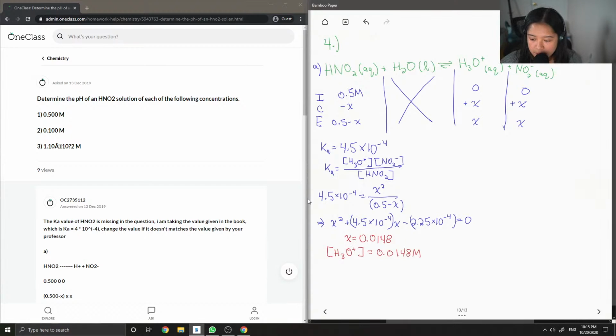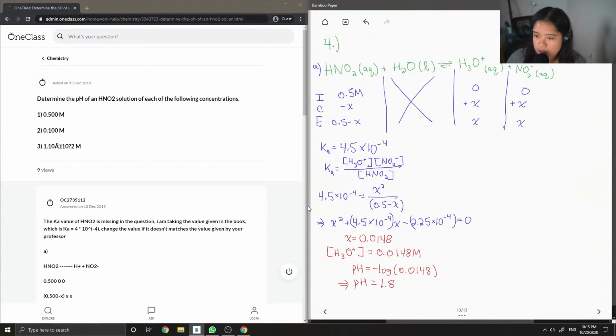And then from here, we can calculate the pH just by taking the negative log of this value. And then we end up with a pH equal to 1.8. Okay, so this is for A.